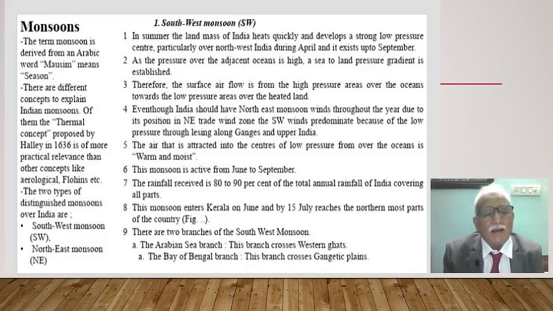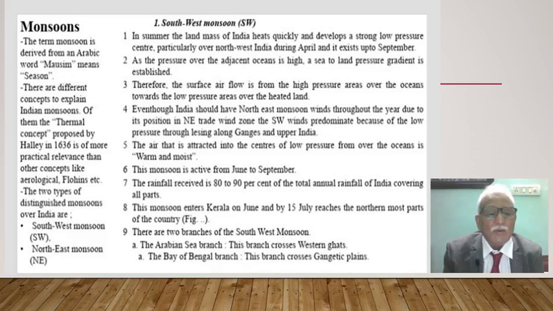Of course, there are other aerological concepts, but most of the scientists, meteorologists, explain the occurrence, spread, and withdrawal of the monsoon based on the thermal concept proposed by Halley.